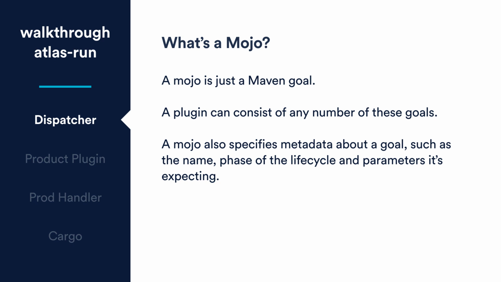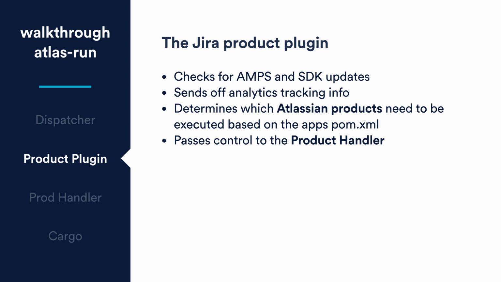AMPS is, as you can imagine, much more complex and has Mojos corresponding to many of the Atlas commands, as well as Mojos for behind-the-scenes tasks specific to each different Atlassian server product which AMPS has used. The Maven Jira plugin is part of the AMPS product plugins.